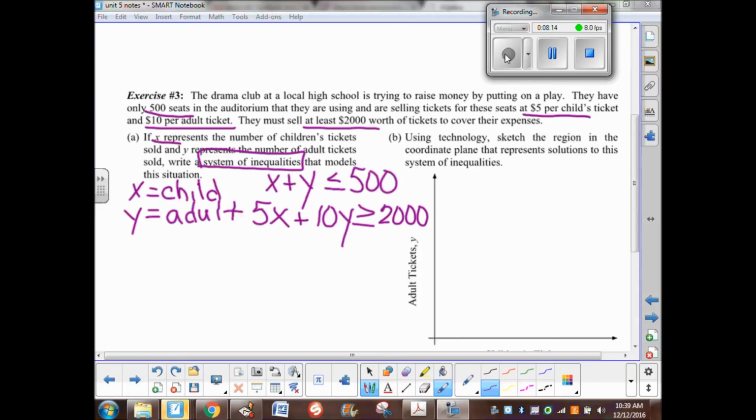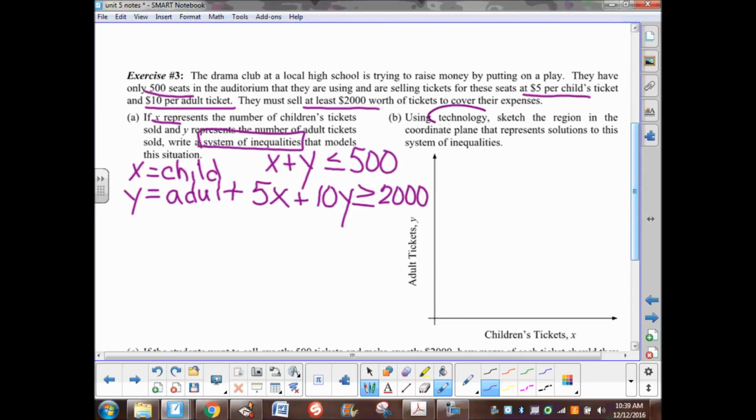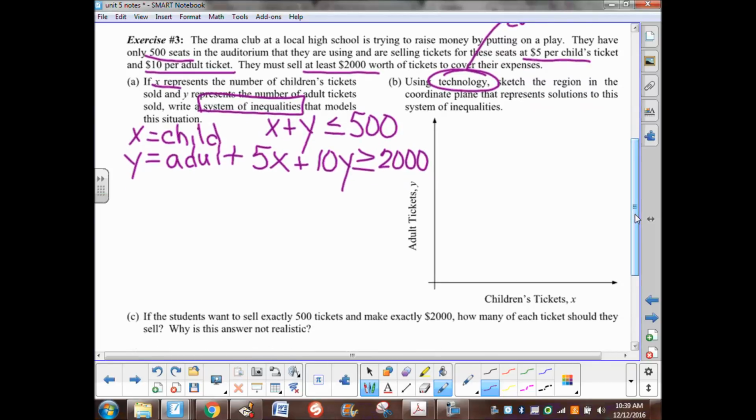In part B, it says use technology. So you guys are going to use your calculator to sketch this region. Again, it's a sketch. It's not going to be perfect. But in order to put this into your calculator, you have to solve for y. So y is less than or equal to -x plus 500.